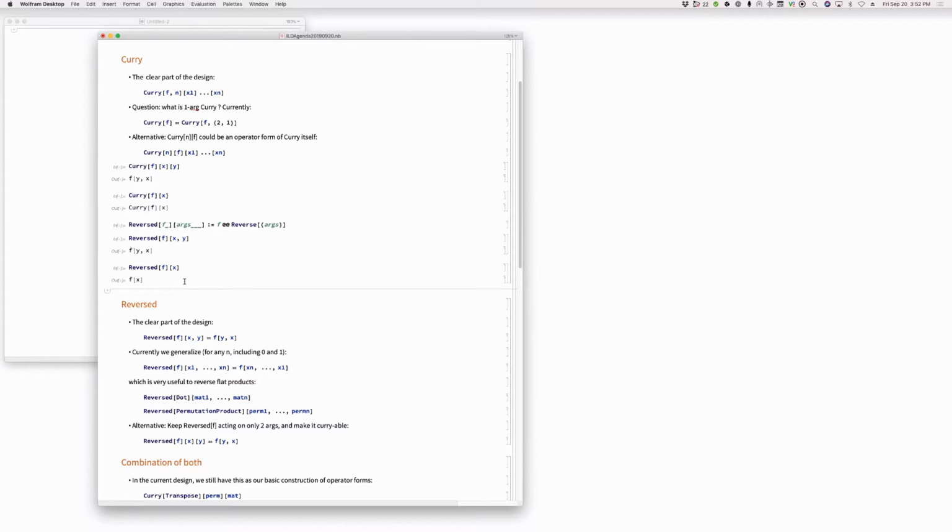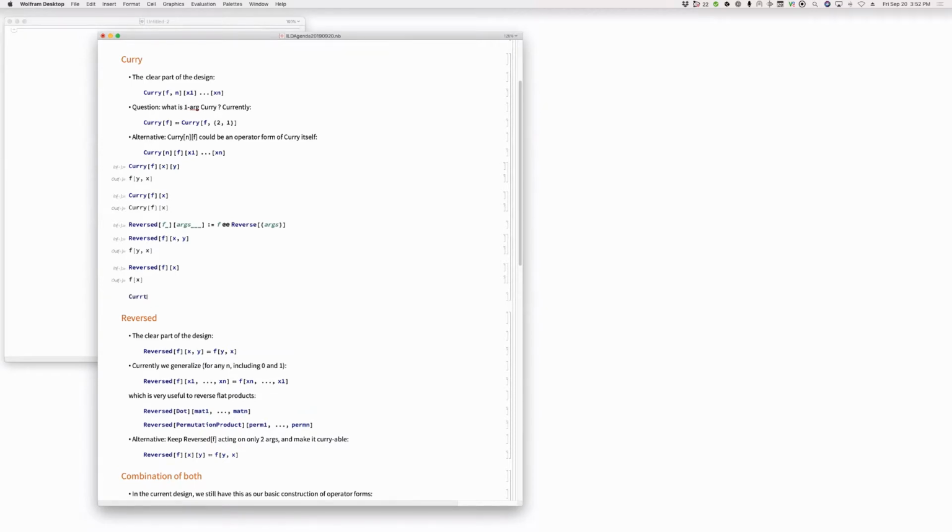But I'm confused why curry of F of X doesn't just turn into F of X. Why is it going to infinite loop?